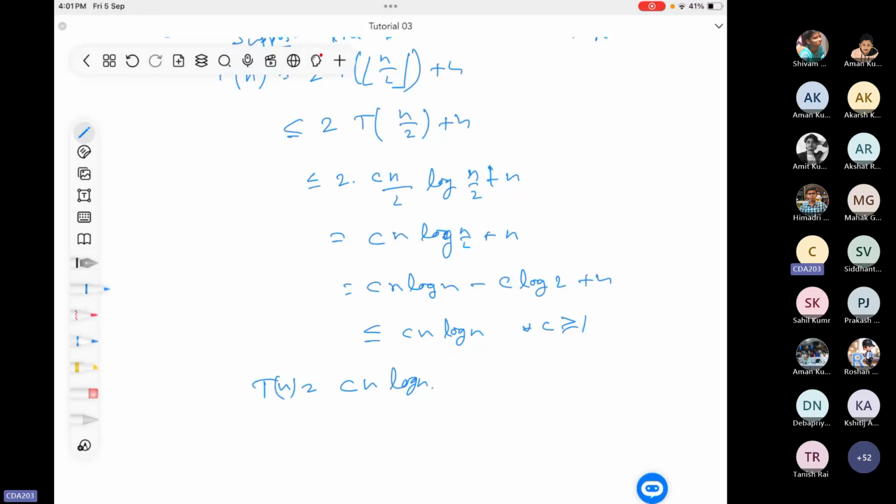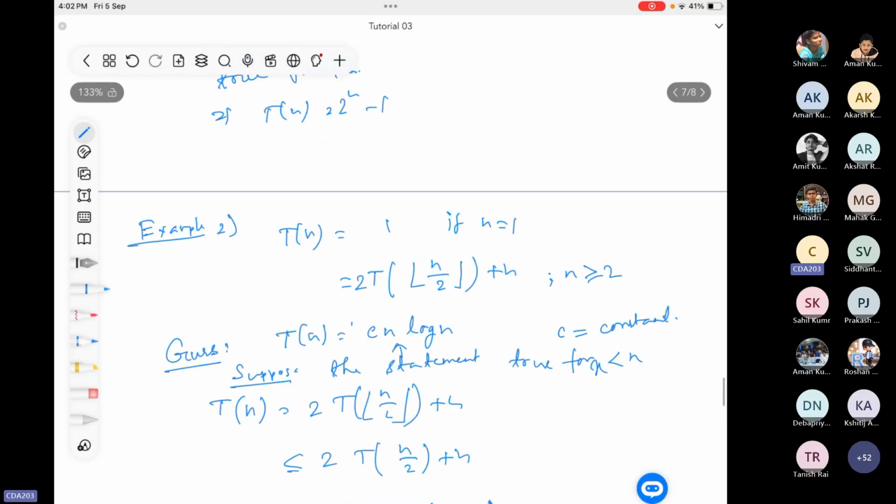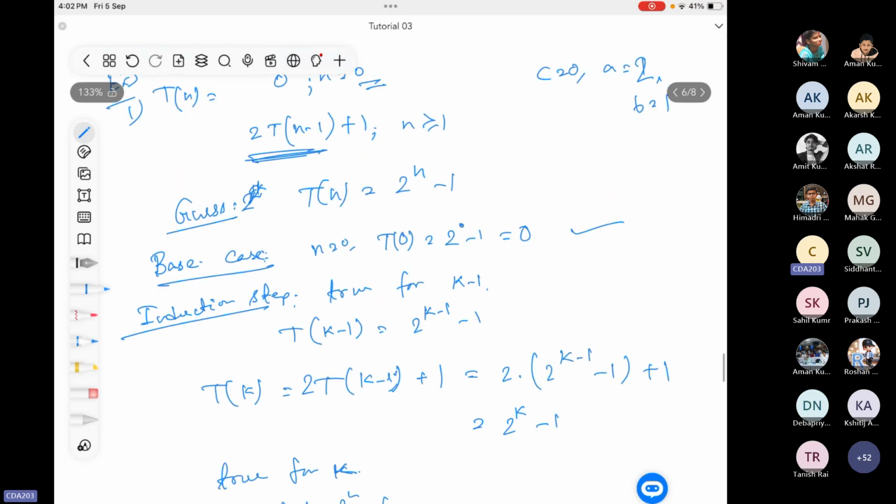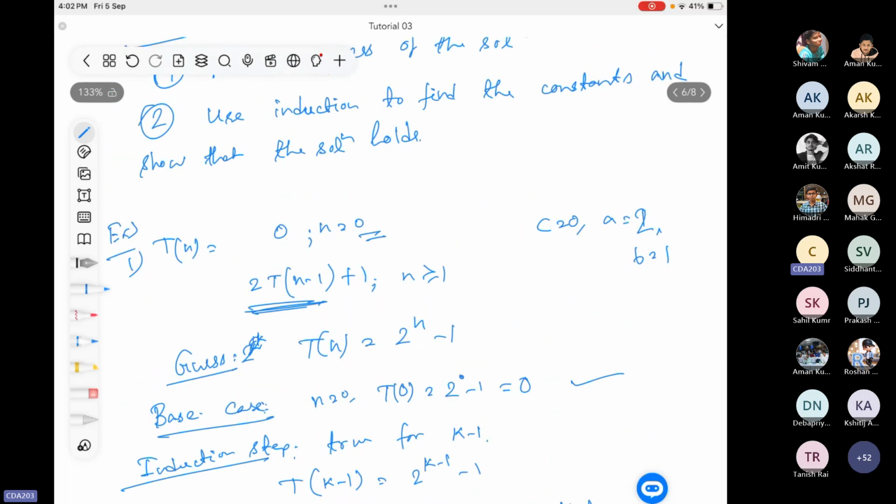So you can compute running time in this way too. And you remember, in the previous case, someone said that 2 to the power n is the solution, and the 2 to the power n case was not holding for n equal to 0.